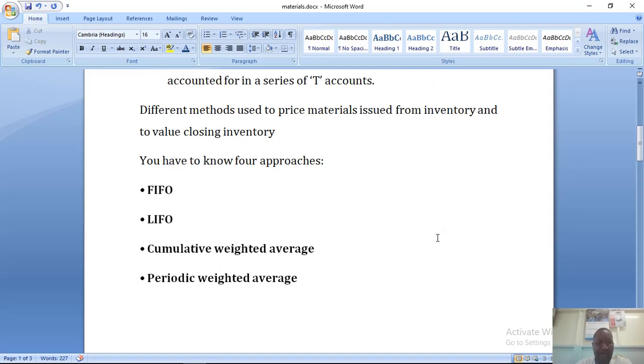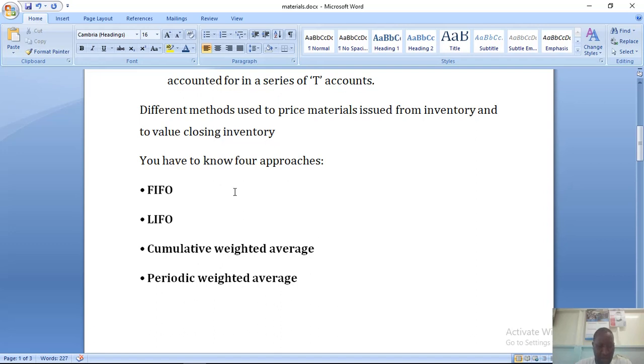The other method that can be used is the cumulative average. Under the cumulative average, every time you add materials, you need to calculate the new average price. So at every stage before you make an issue, you calculate an average price, and that becomes the price for issuing materials.